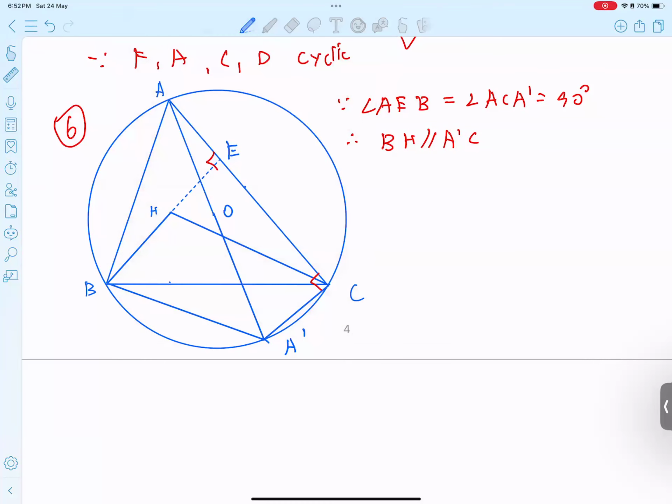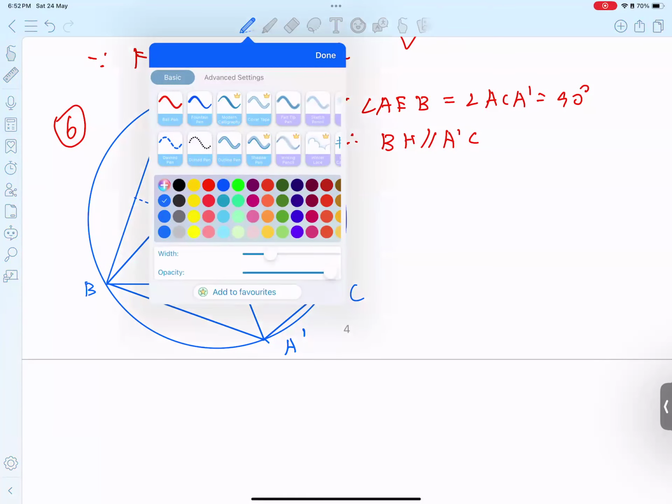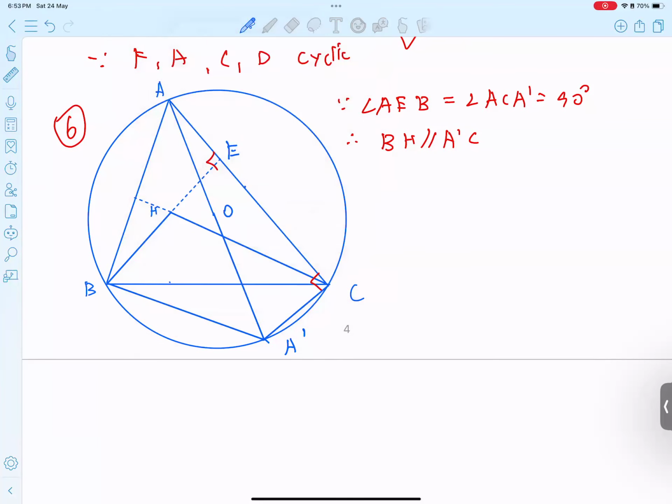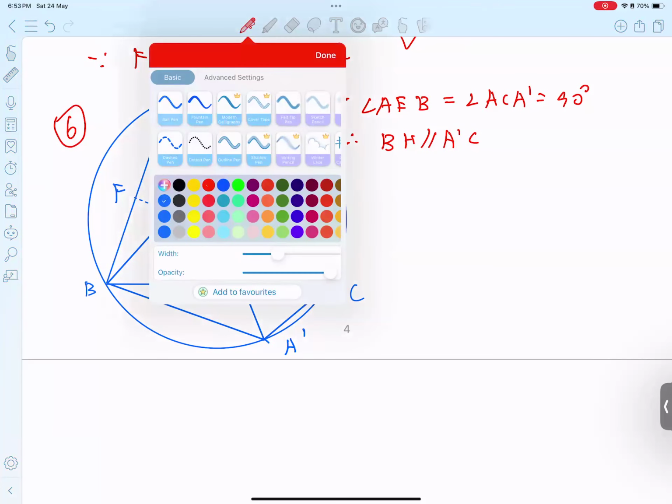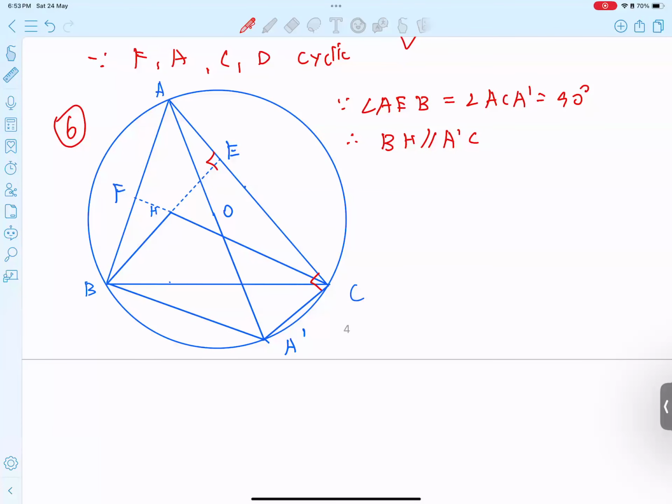And similarly, since the diagram is symmetrical, we extend here and X, and then we get the point F. Then we will have another pair of 90 degrees, so this is 90 degrees because AA dash is the diameter.